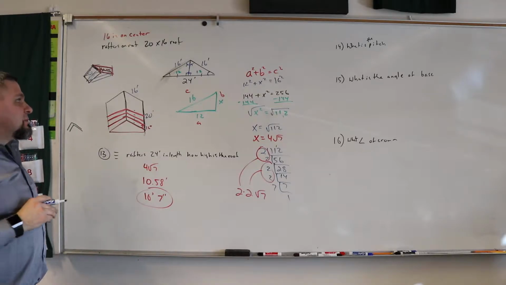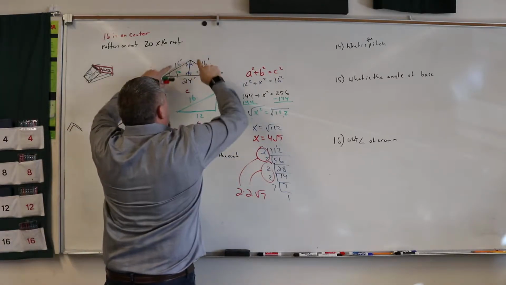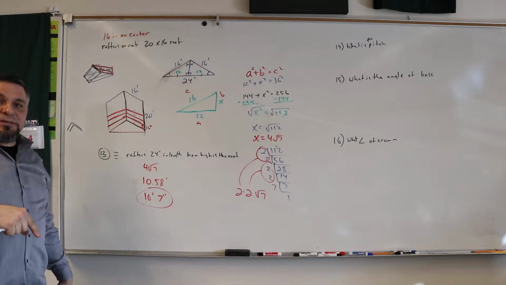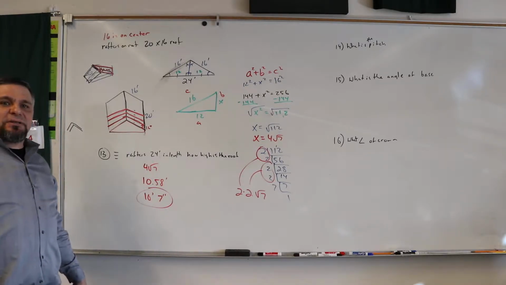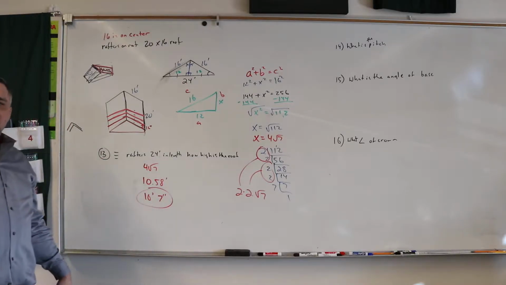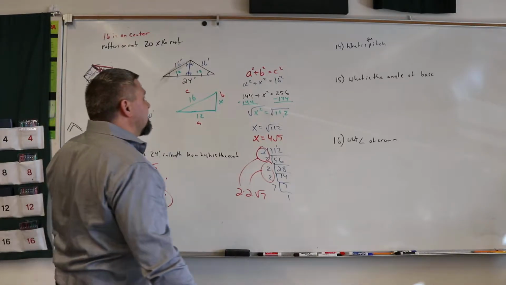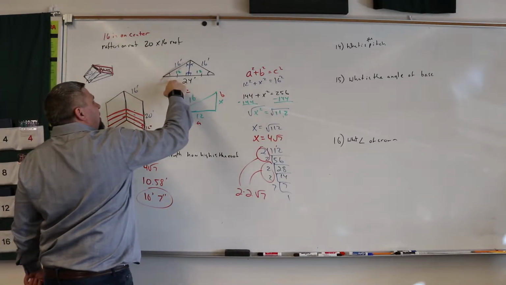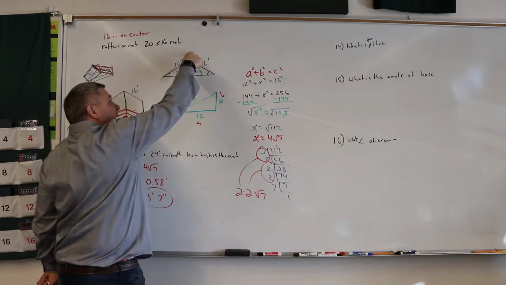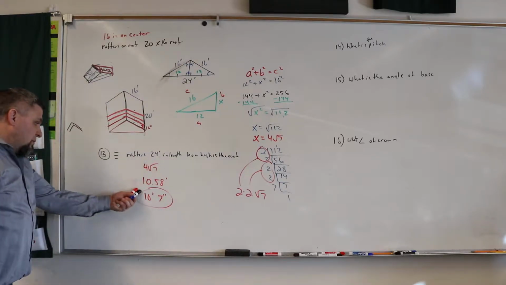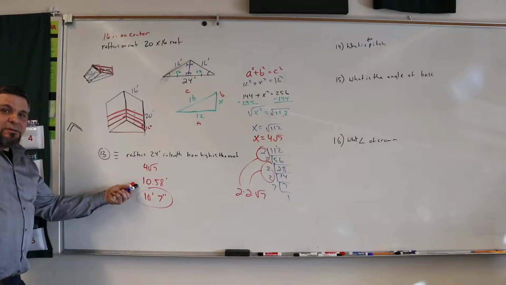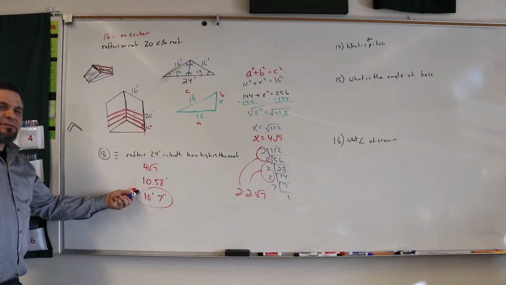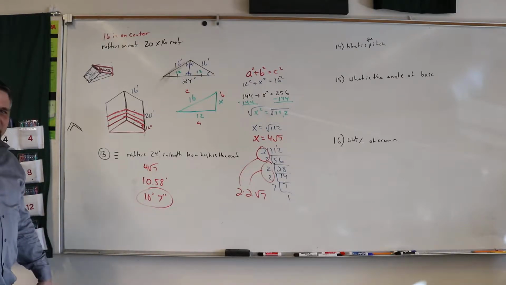So the run and the rise on both sides is going to be the same. So they're not inverses. They're only opposites. So one's a negative slope, one's a positive slope. So we need to know how much is it running and how much is it rising. 10.58 is the rise. Rise over run.